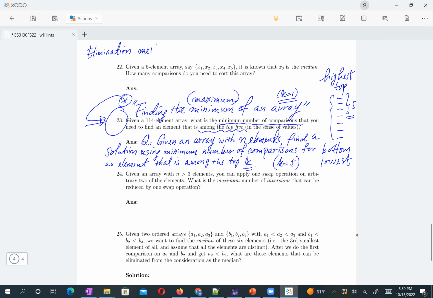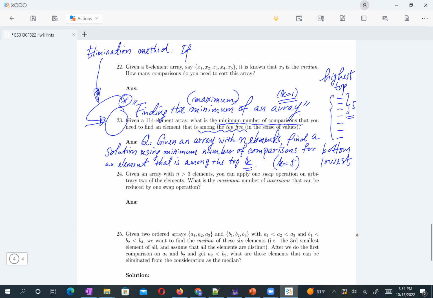That's the basic method we use to solve finding the minimum. So look at how we find the top 1, the maximum, the largest one.